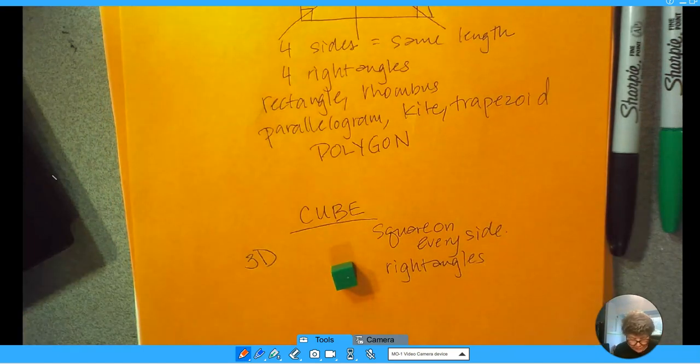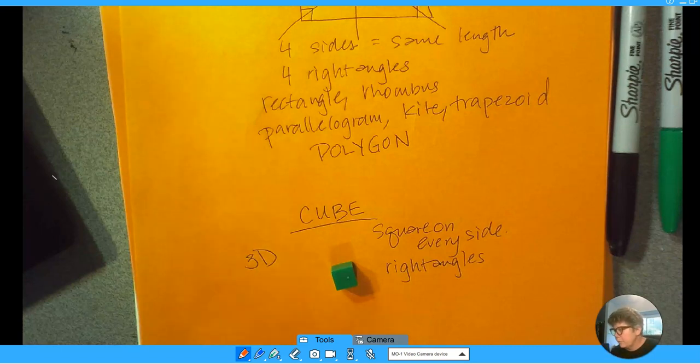It has more than 4 corners. It is not a polygon, because a polygon can only be 2-dimensional. So a square is 2-dimensional and lies in a plane. Do you know that term, plane? It is a flat surface that extends forever in all directions.